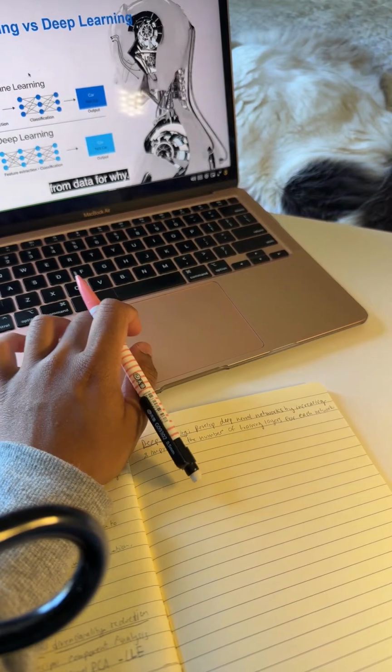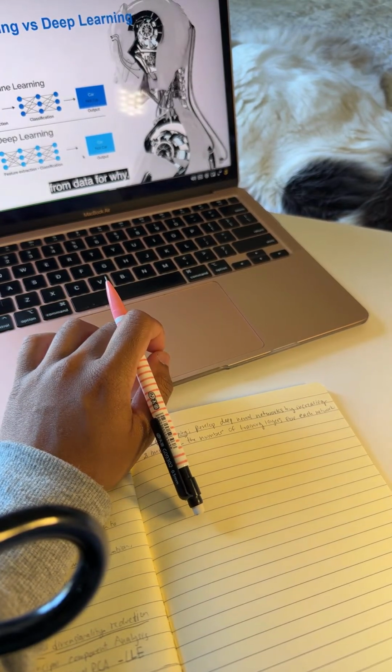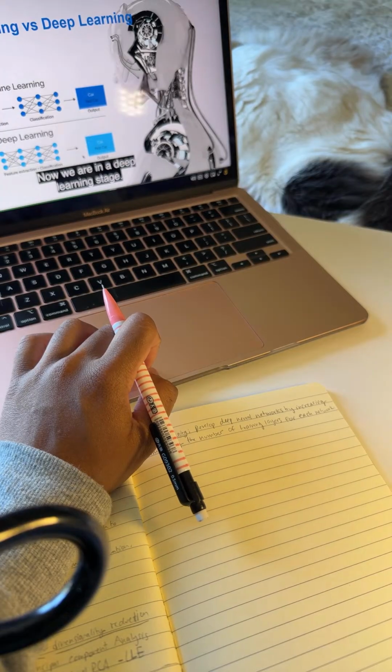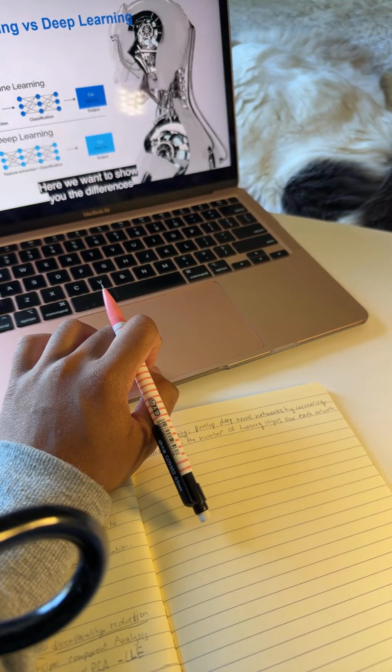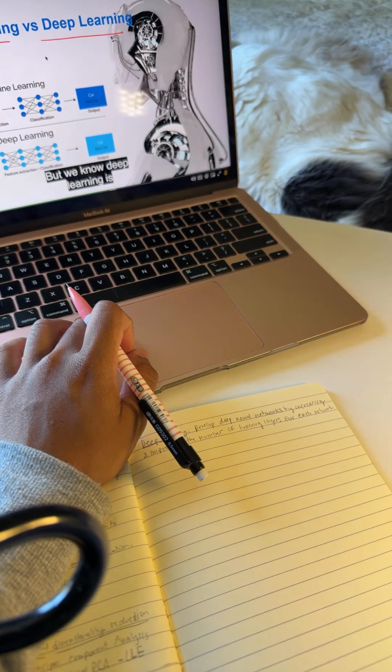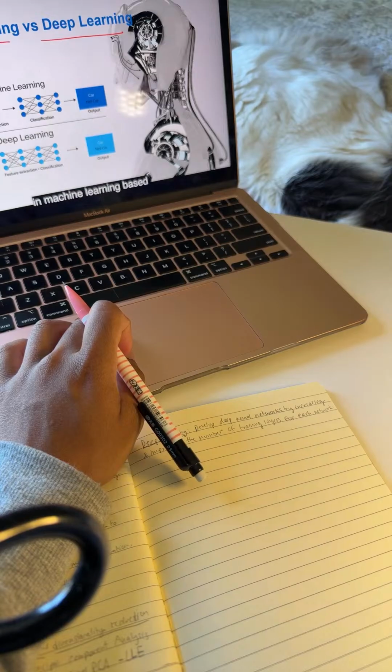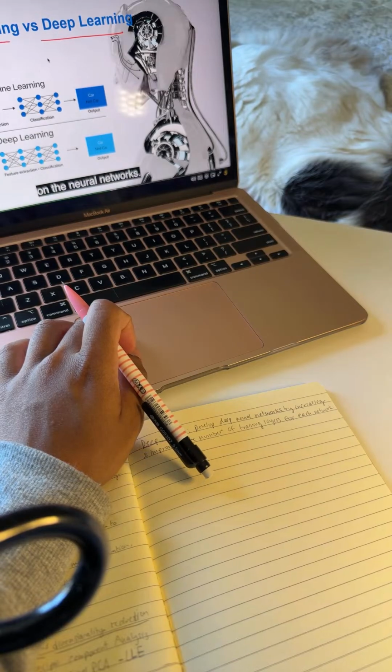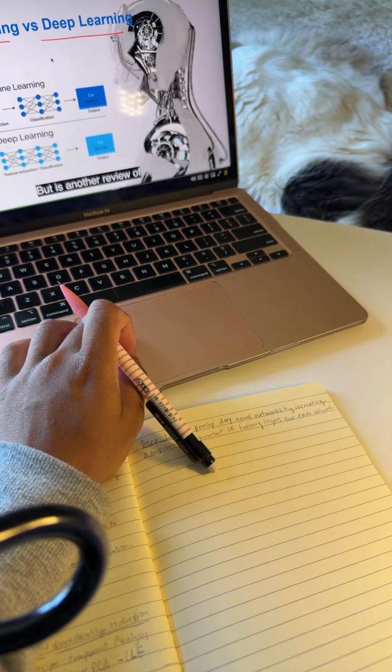So for here, why are we now in the deep learning stage? Here we want to show you the differences between machine learning and deep learning. We know deep learning is a subset of the methods in machine learning based on neural networks.